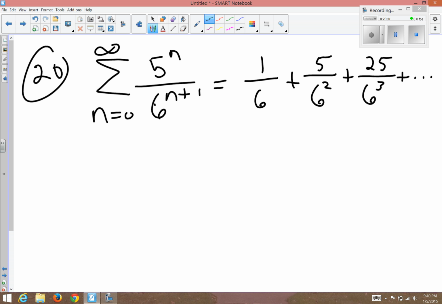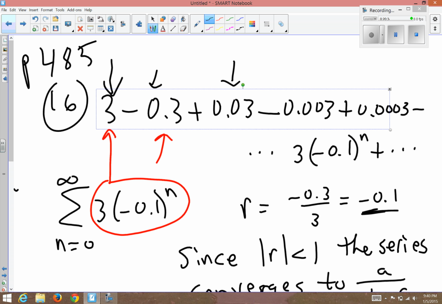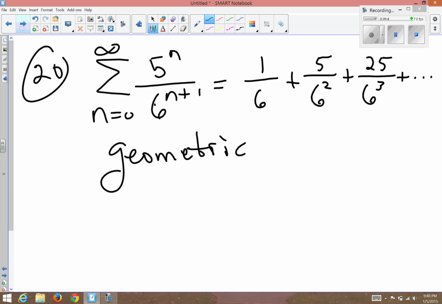But you can tell that the series is geometric. I don't remember if I mentioned that here. This is geometric. So you can't find a common ratio unless it's geometric. When we say geometric, we just mean there's a common ratio, which means any term divided by the one before it is always, in this case, 5 over 6.